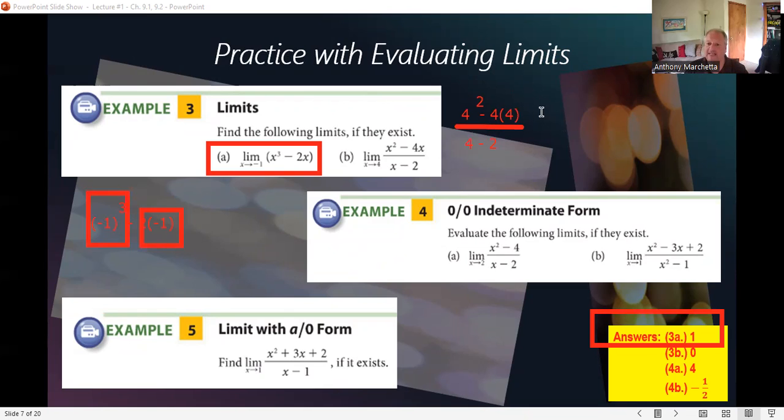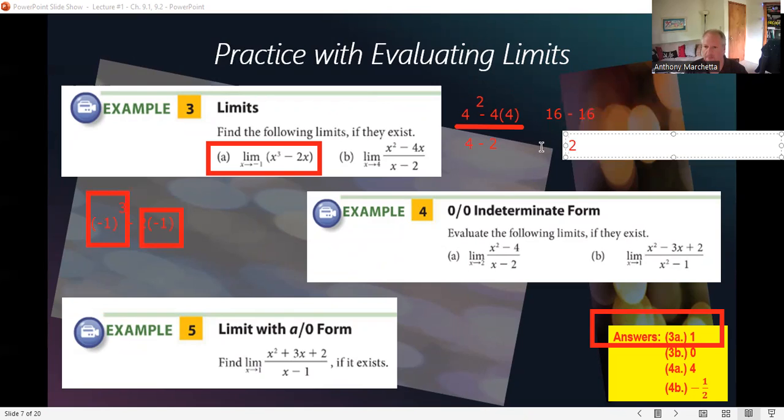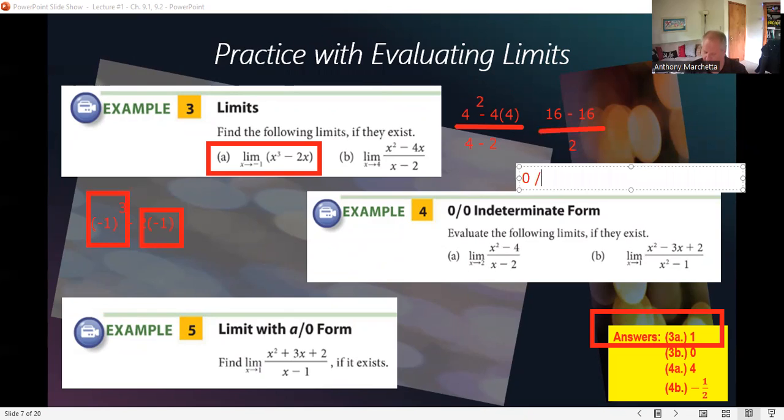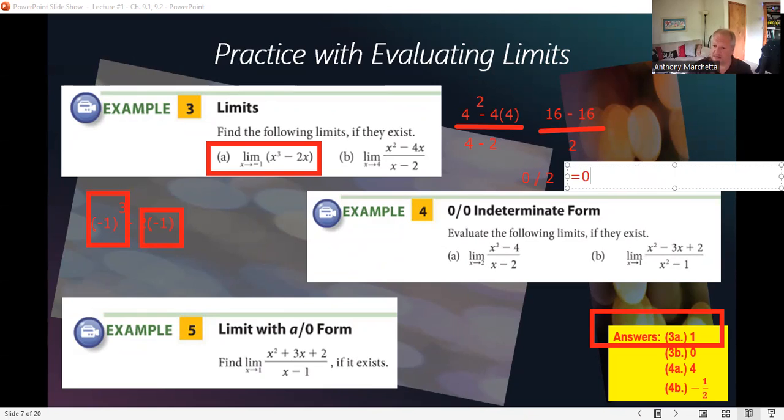On the top, we get 16 minus 16. On the bottom, I have 2. What is 16 minus 16? Oh, yes, it is. It's 0. Do we say that the limit does not exist? No, not at all. What is 0 divided by 2? Is there an answer? Yes, it does exist. It's 0. Answer is 0 to that one. So here we go.